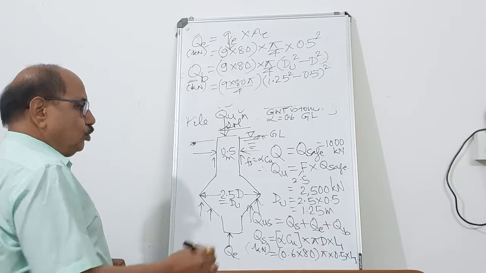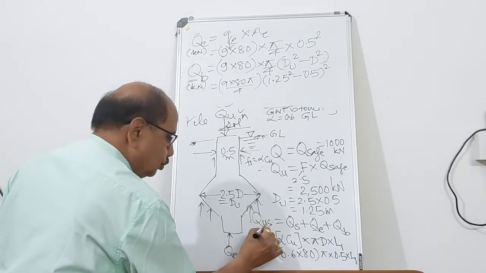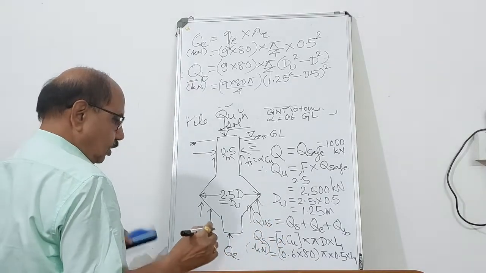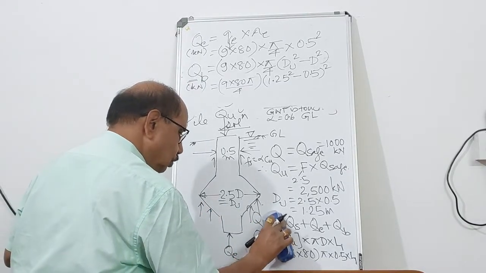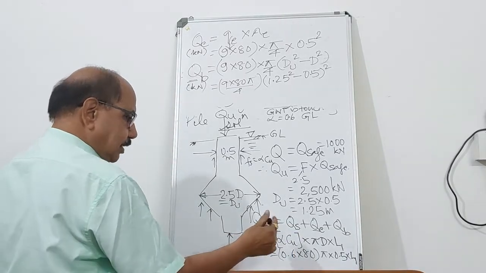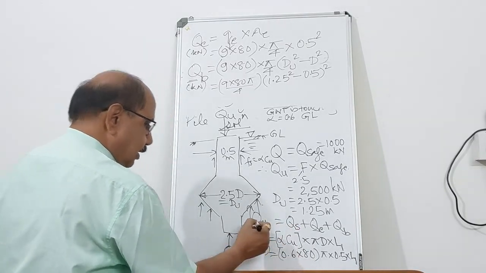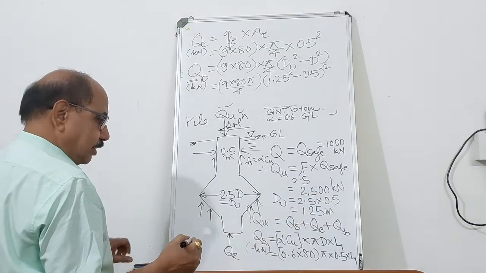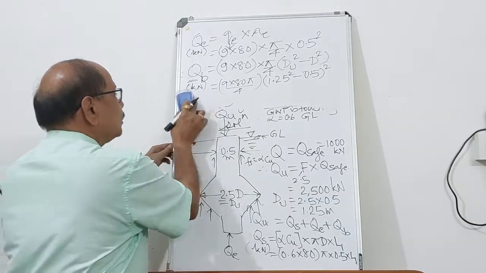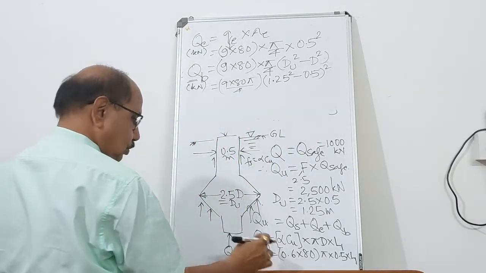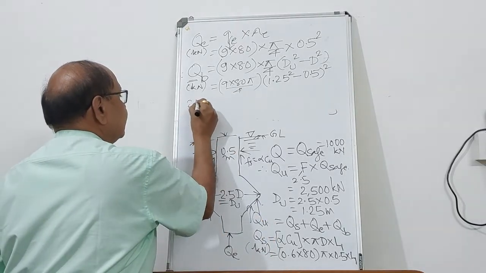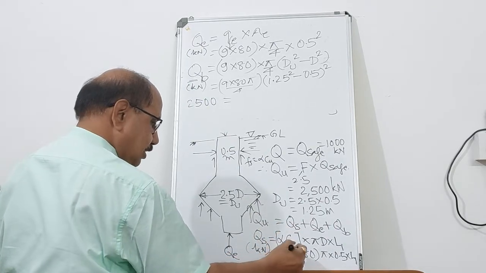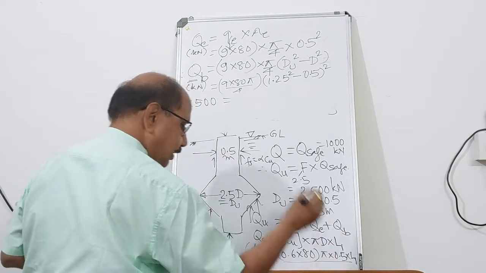Now, what is the value of QU? The value of QU of this under-reamed pile, if you substitute it, QU of under-reamed pile is 2500 kilonewton. So therefore, the equation becomes like this. So 2500 kilonewton equal to QS, which you have calculated like this.